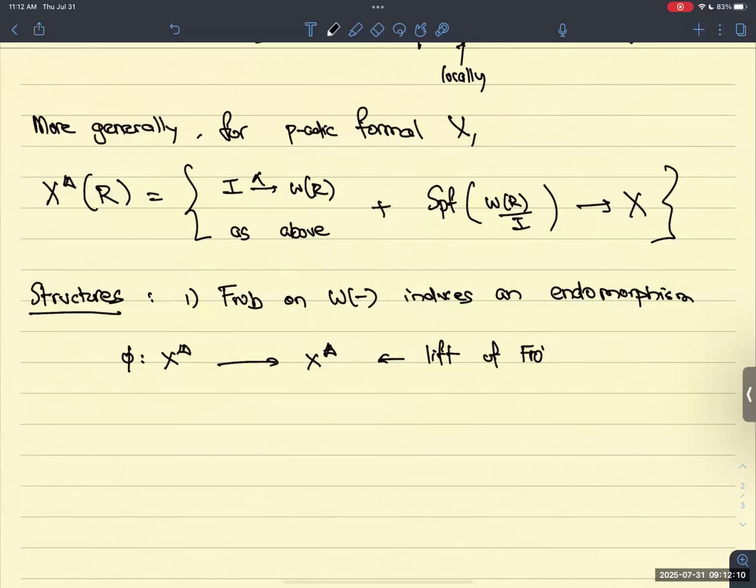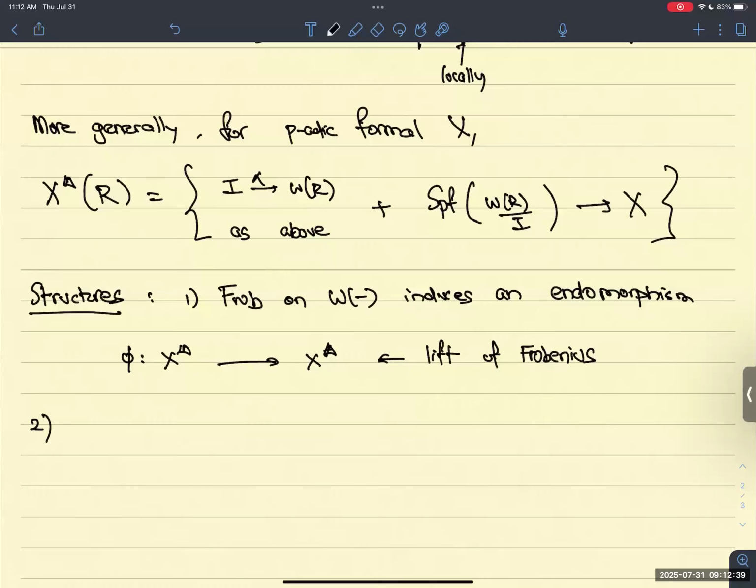So this is a non-tautological statement. What I'm saying is I have this intrinsically defined stack X prism, and then I have some endomorphism of it. And the assertion being made over here is that if you take this endomorphism and you reduce it mod p, you get the Frobenius endomorphism of that stack in characteristic p. So it's a compatibility one has to check. And for experts, what I really am saying here is that we have a delta structure on the stack.